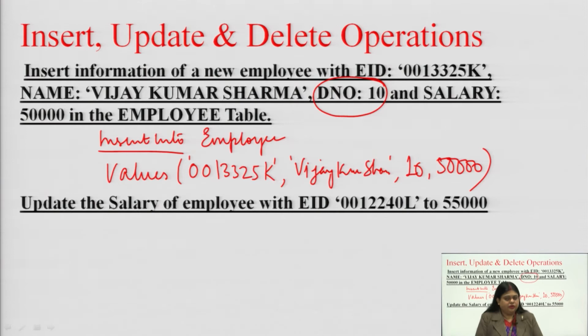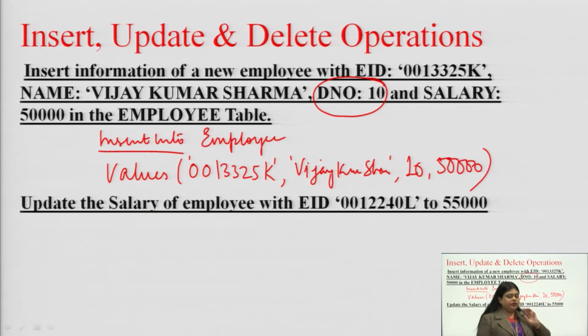Now, once we have done the insertion, there will be a requirement for updation. Now, how will we go for the updation? When we talk about updation, it needs a different type of structure where we have to update the table name, right.